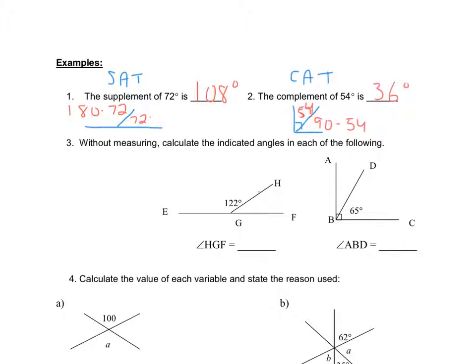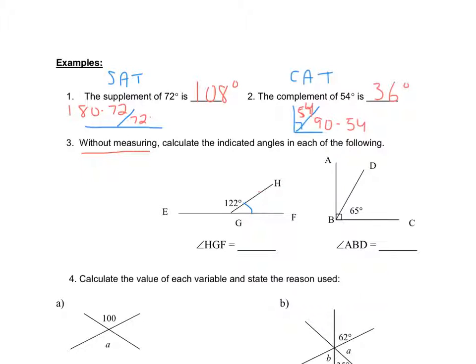In question 3, it says, without measuring, calculate the indicated angles in each of the following. It says without measuring, meaning do not use a protractor, use the straight line theorems. So let's look at this first one. We want to find angle HGF. So that would be from H to G to F, so this unknown angle.